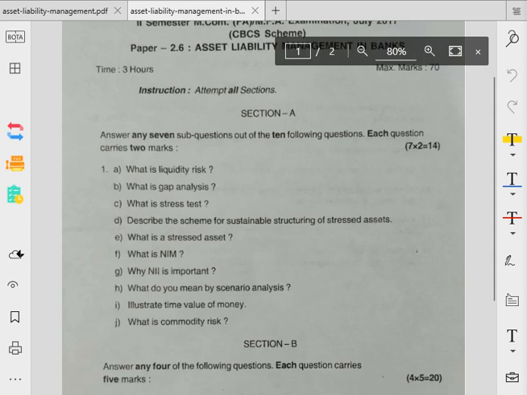Next one is commodity risk. This refers to the uncertainty of future income caused by fluctuations in the prices of commodities such as grains, metals, gas, electricity, etc. A commodity enterprise needs to deal with the following kinds of risk: price risk, quantity or volume risk, cost risk, and political risk.